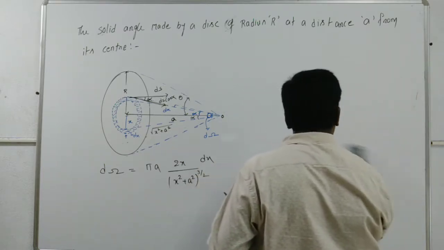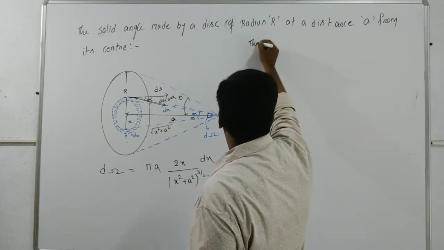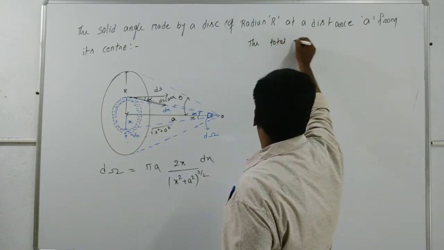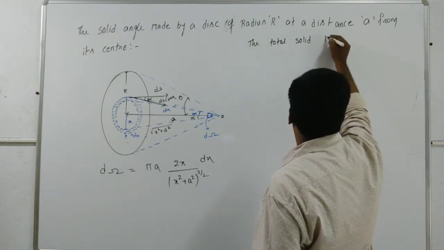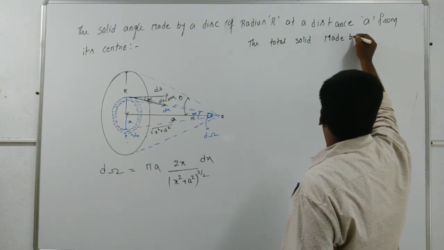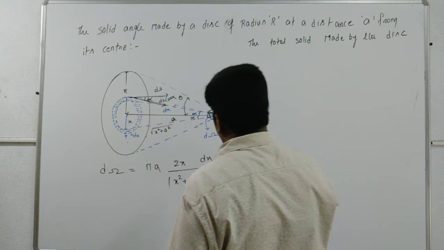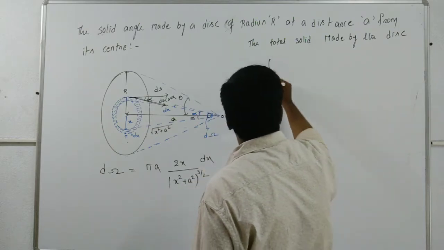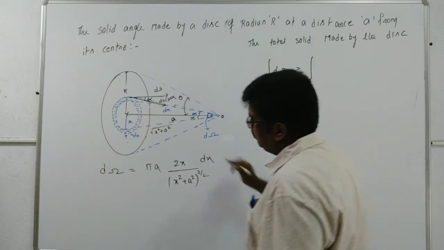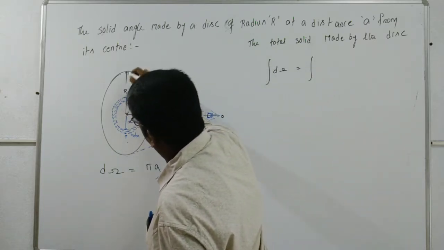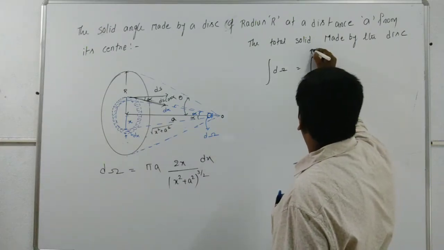The total solid angle made by the disc, how can you find that? By integrating. The limits, you should understand, from center to surface. Total disc means integral 0 to r.